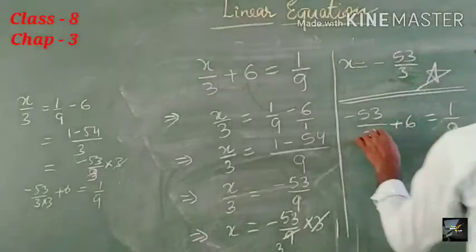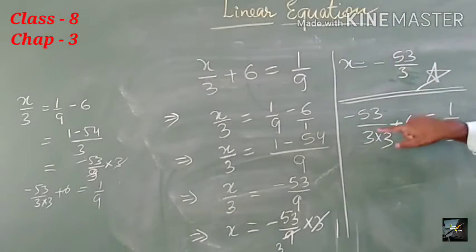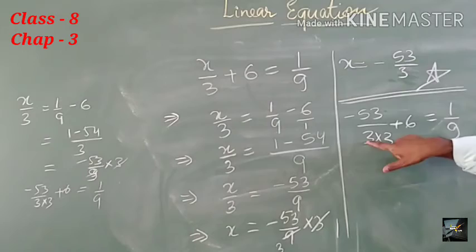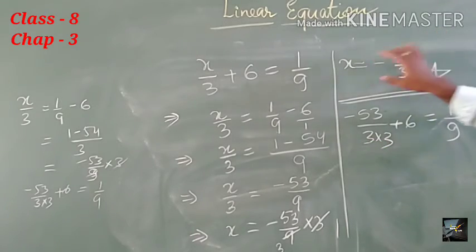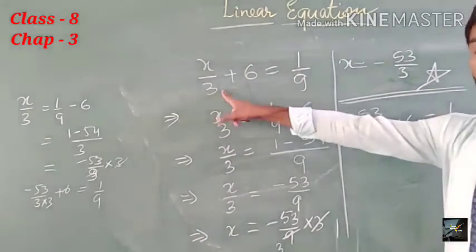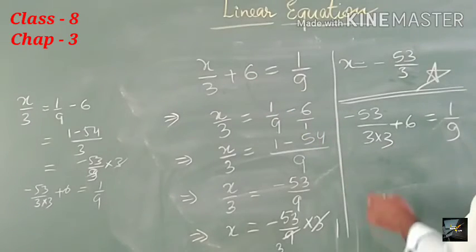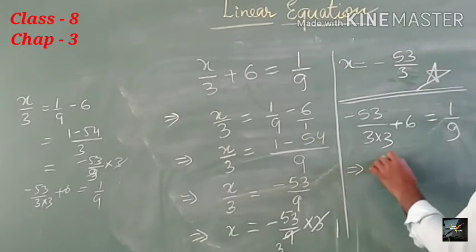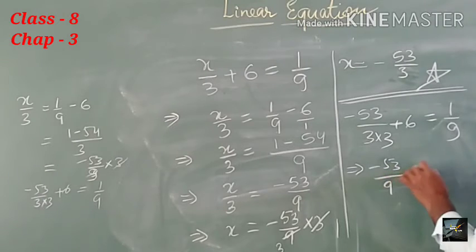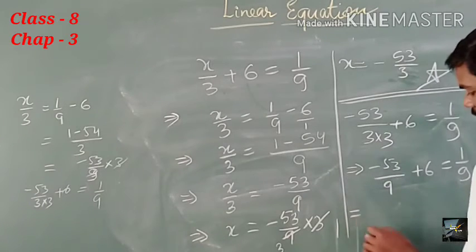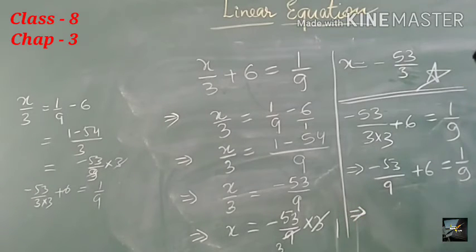So here we get minus 53 upon 3, that is the value of x, multiplied by 3, that is given in the question. So we get minus 53 upon 9 plus 6 is equal to 1 upon 9. This implies minus 53 plus 6 9s are 54 upon 9 is equal to 1 upon 9.